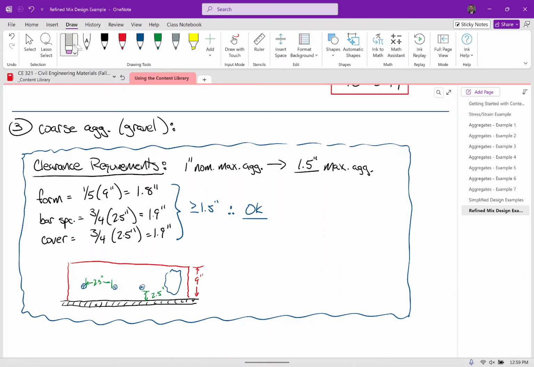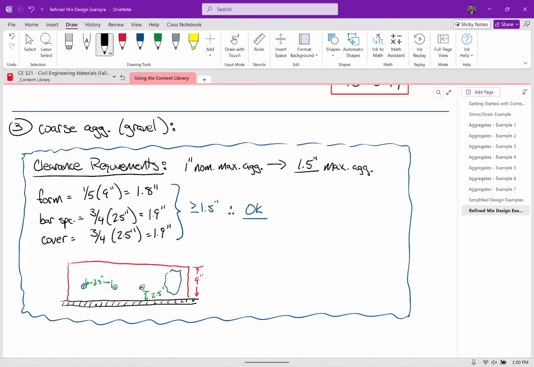Oh, so you're saying since the aggregate is a 1.5 max aggregate, it can all fit in between those things? Yes. I want this to be smaller than all these. If it's bigger, that's a problem. That means the aggregate's too big. This is a good discussion. I'm glad we're having this. Now, this doesn't really have anything to do with actually figuring out step 3, but since we're talking about coarse aggregate, it makes sense to go ahead and do it now.